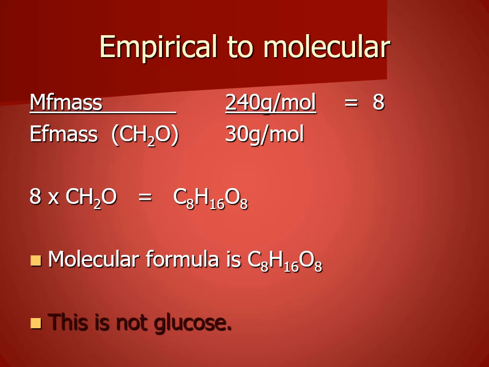The molecular formula is then C8H16O8. It is a 1 to 2 to 1 ratio, so it does come from the empirical formula, so that's a match. And this is not glucose. I don't know what it is, but I do know that it's not glucose.